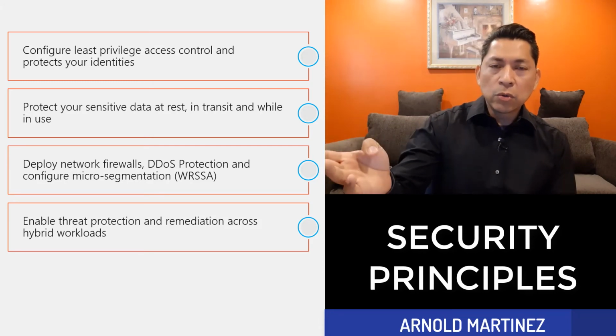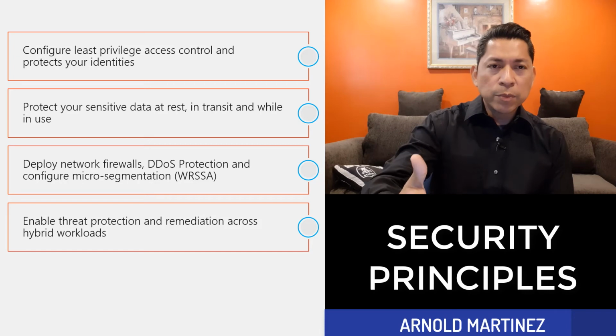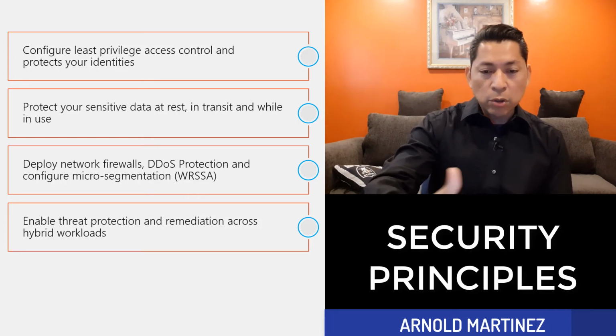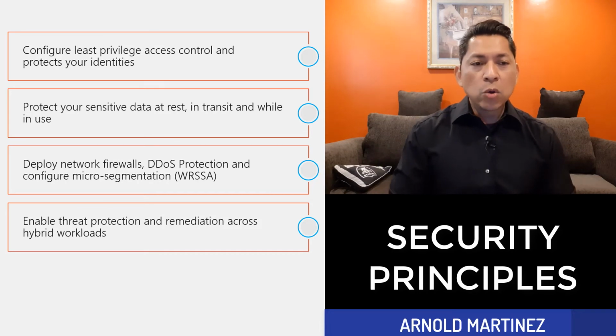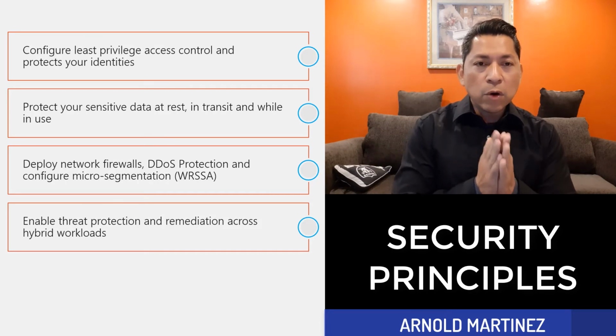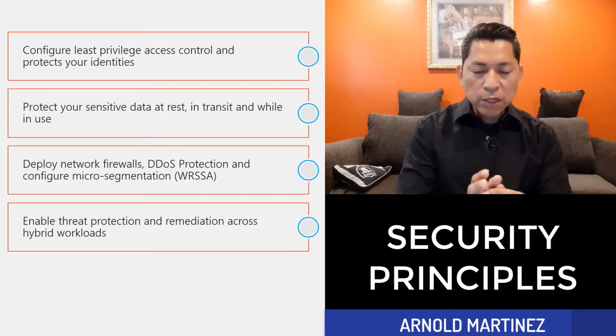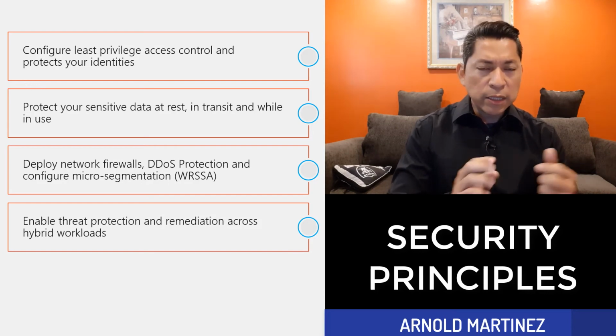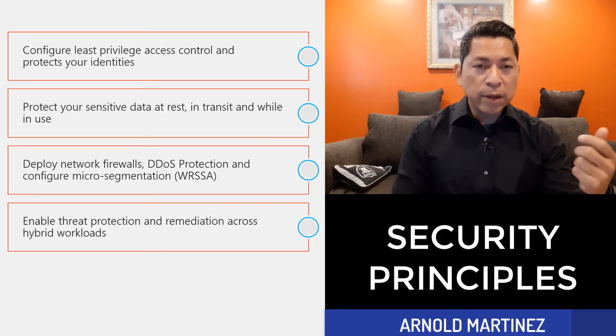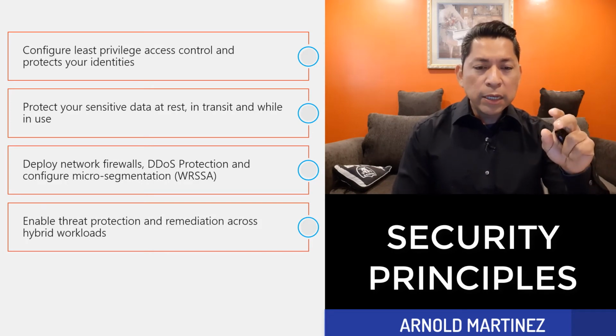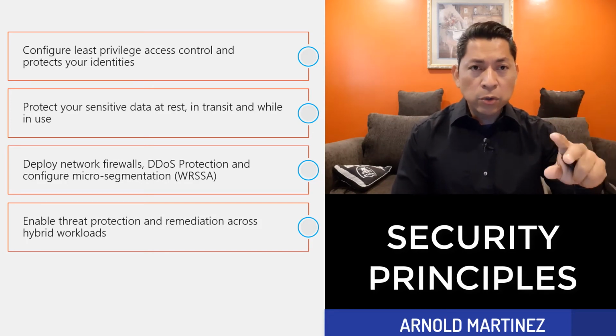And the third option is also protecting from the identities perspective. Let's say, for example, you also want to be aware of all the user behavior in your on-premises infrastructure. So you can also have Azure ATP, Azure Advanced Threat Protection, integrated with your Active Directory and your domain controller.